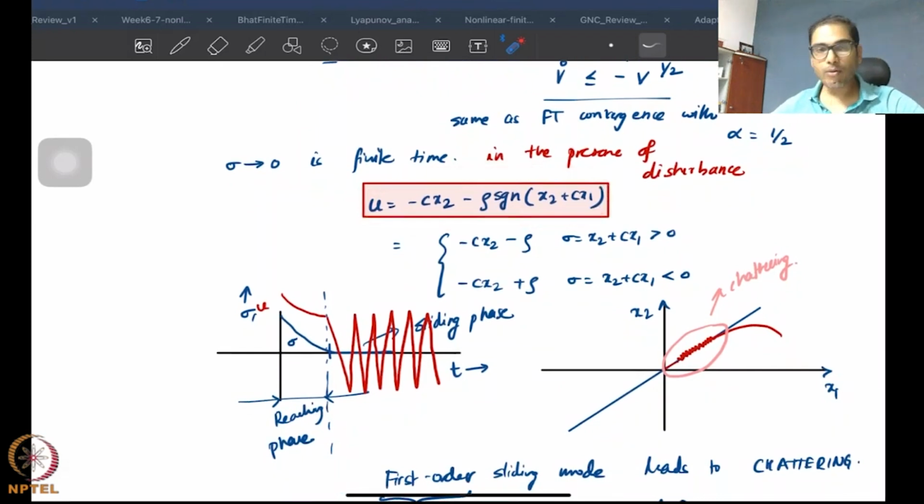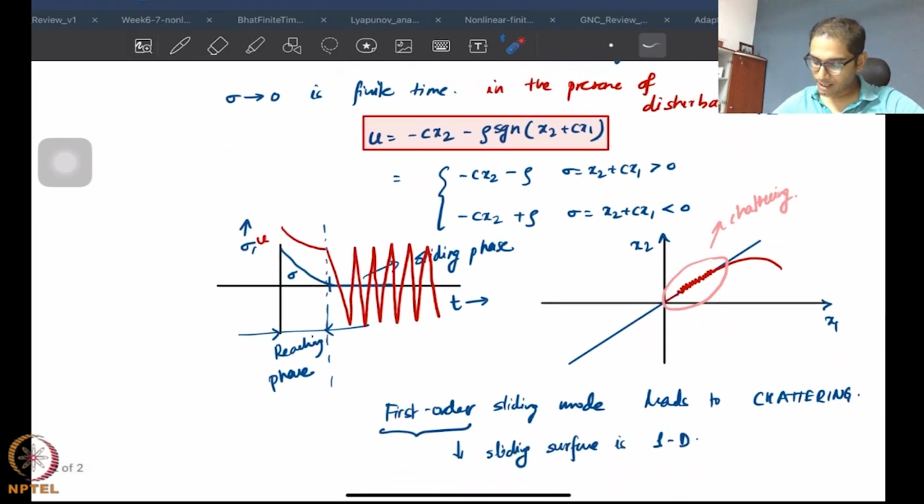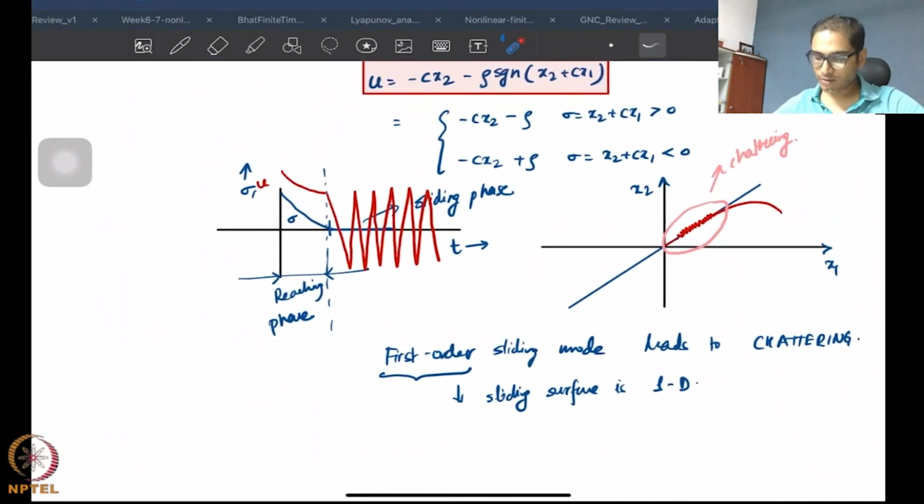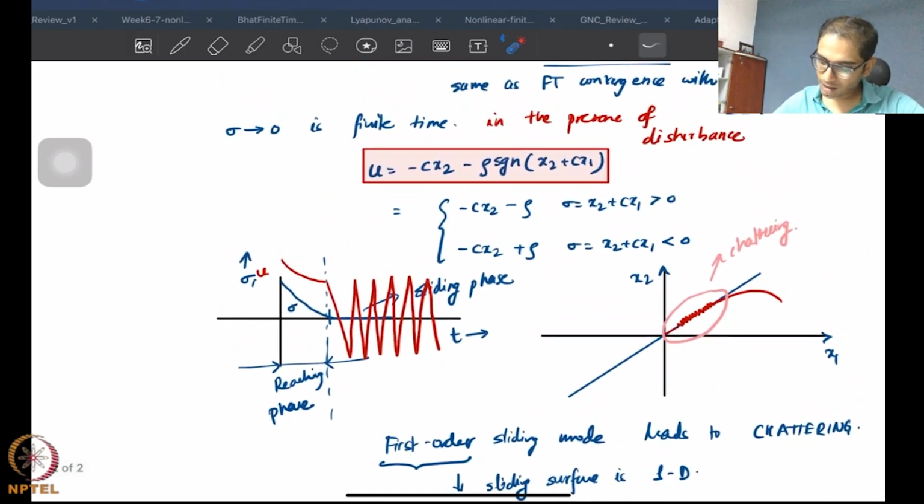Now the important thing to note, which is where we finished last time, is that the control across the sliding surface is a rather big switch, right? If you notice, on the sliding surface you have x2 plus c x1, that is equal to sigma, and that's exactly equal to 0, right?